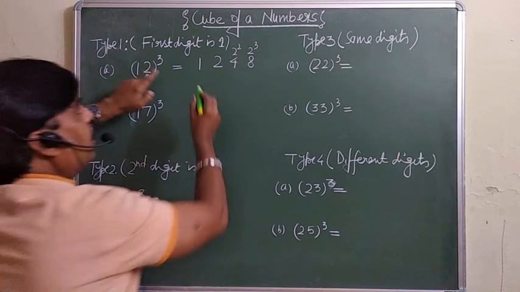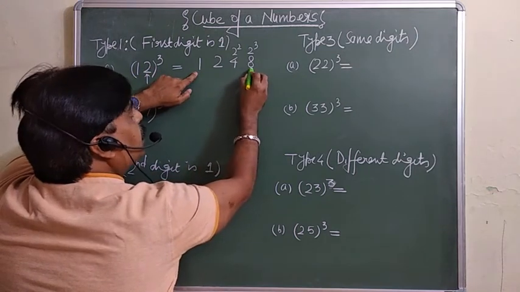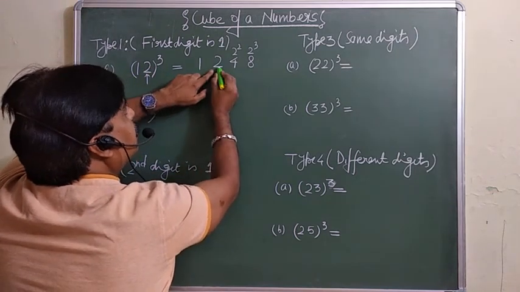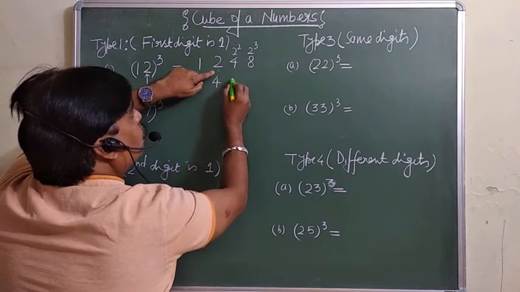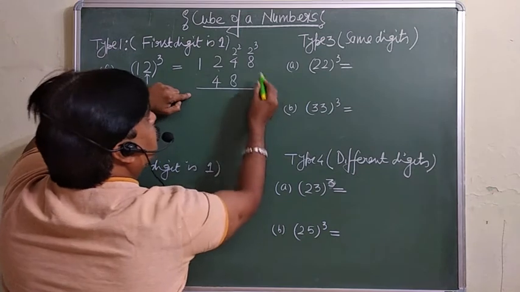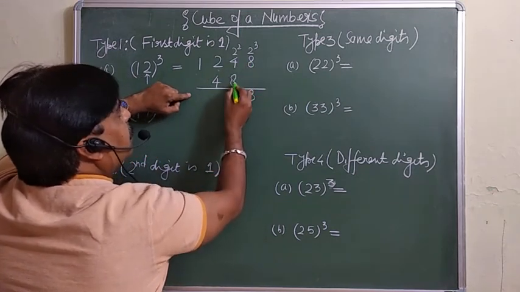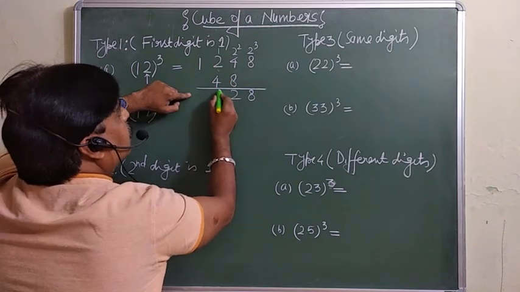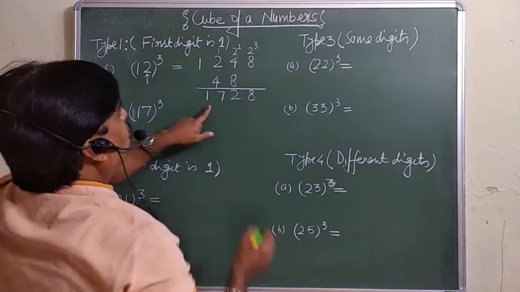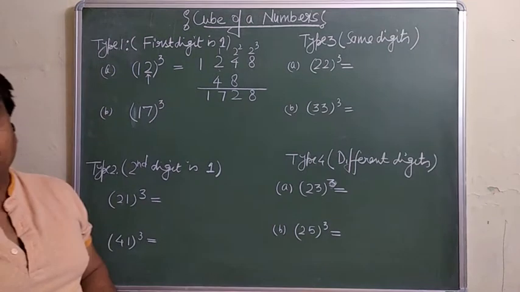Leave the first and last digit as they are and just double these two. 2 doubled is 4, 4 doubled is 8, and add these. 8 and 4, 12, 2 carry 1, 3 and 4, 7, 1. So 1728 is the cube of this number.